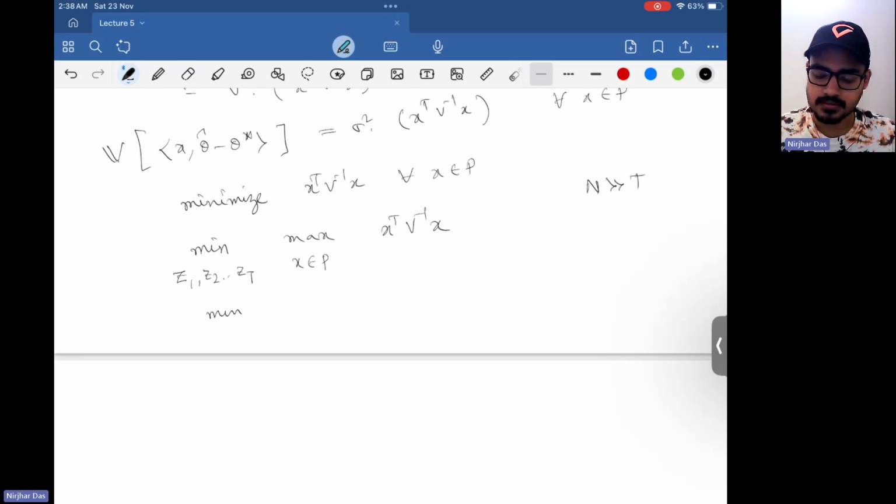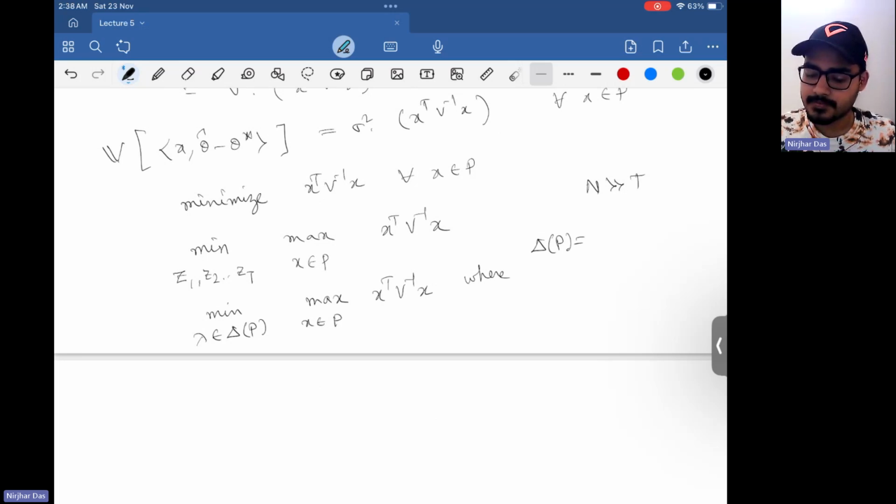We say: give me a distribution over P such that the maximum over all x in P of x transpose V inverse x is minimized, where I'll define what a distribution over P is.